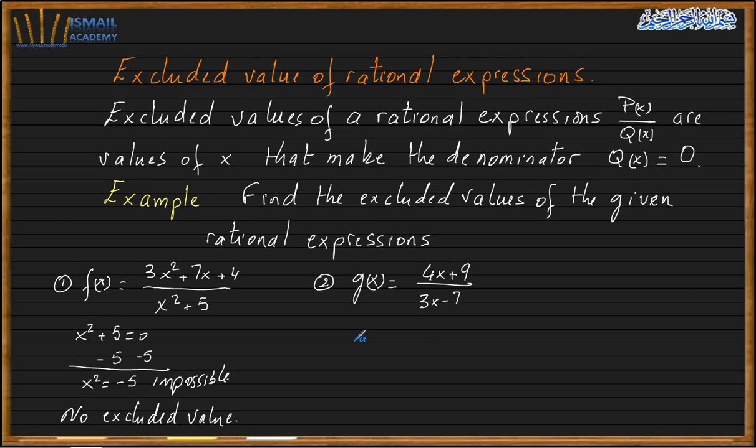Divide by 3, so x equals 7 over 3. So the excluded value is x equals 7 over 3.